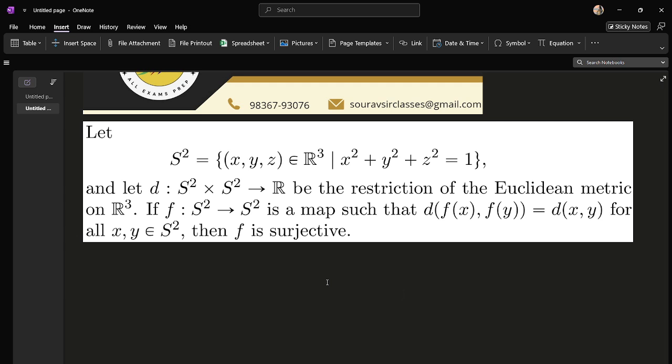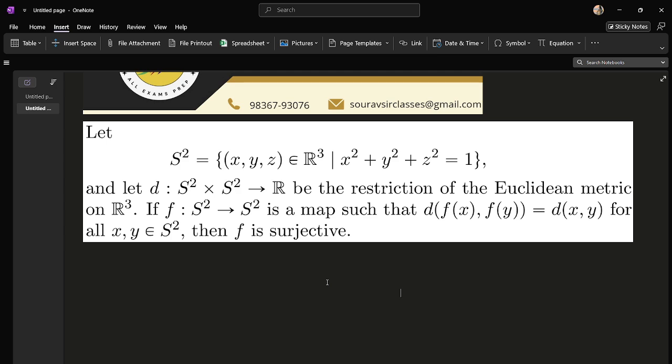The question says: let S2 be the set of (x, y, z) in R cube such that x square plus y square plus z square is equal to 1, and let d be the restriction of the Euclidean metric on R cube to S2 cross S2. If f is a map from S2 to S2 such that the distance of f(x) and f(y) equals the distance of x and y for all x, y belongs to S2, then f is surjective.